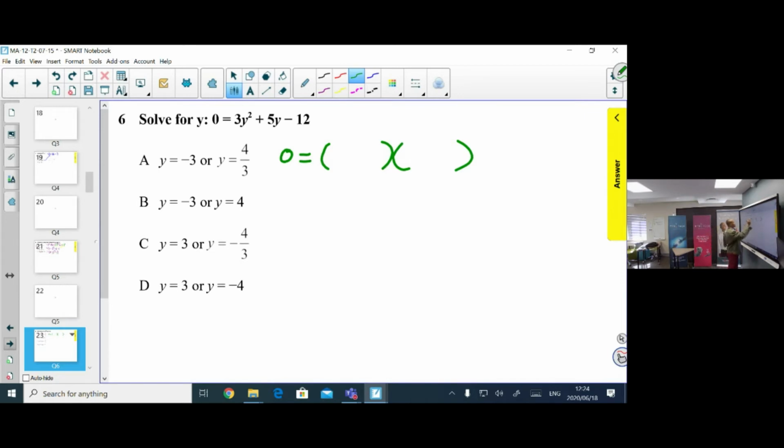So if I do this, I can see that there is 3y squared. So the only way there can be 3y squared is from this. And then what is the last term? What is the last term there?